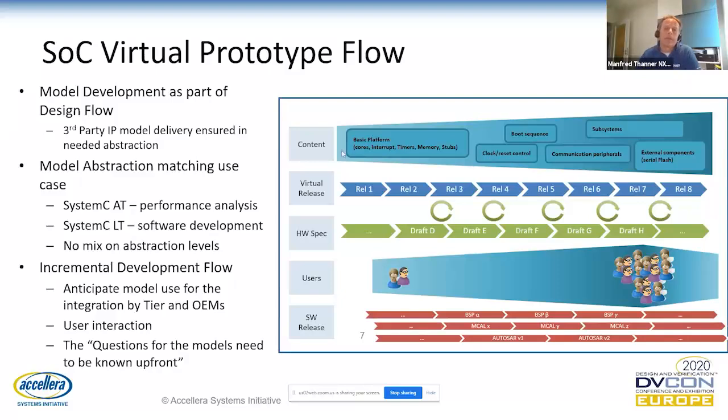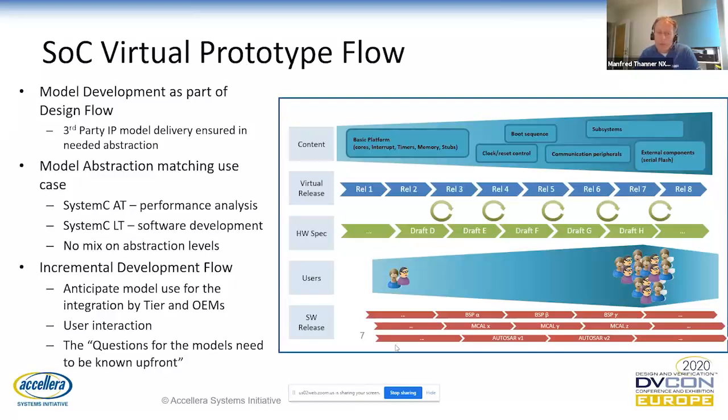We'll have an initial release, and the focus and content are then aligned specifically with the software releases. So here we talk about incremental flows, where different cores and different accelerators all get integrated.